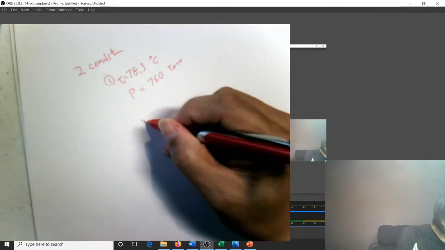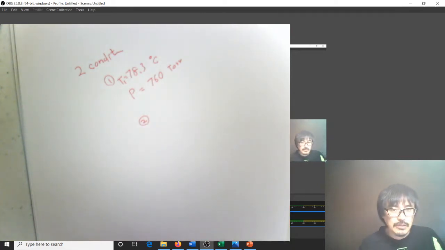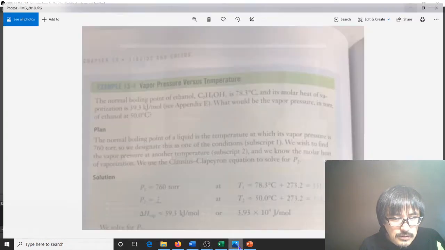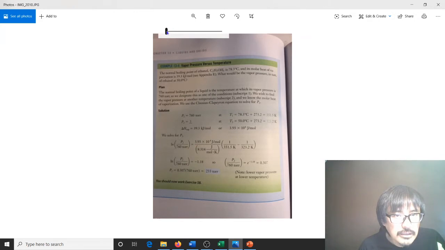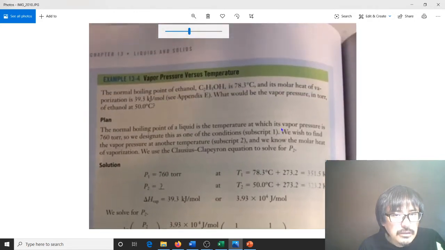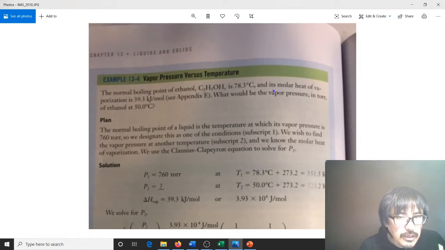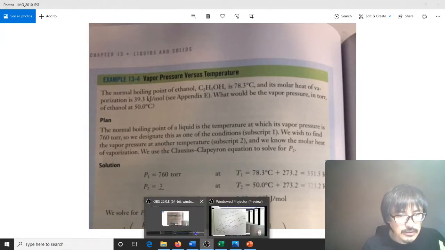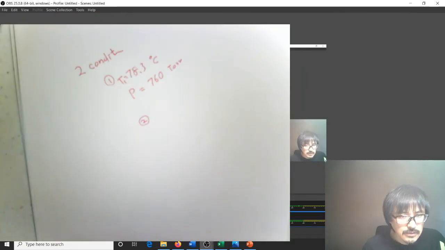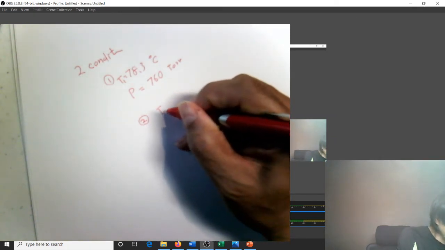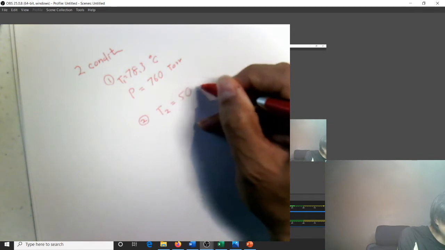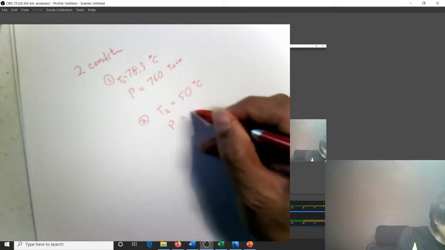And then the second condition is temperature, which is that one. The second condition is 50 degrees Celsius, but we don't know the vapor pressure at that moment. Second condition, temperature T2 is 50 degrees Celsius, but pressure unknown.